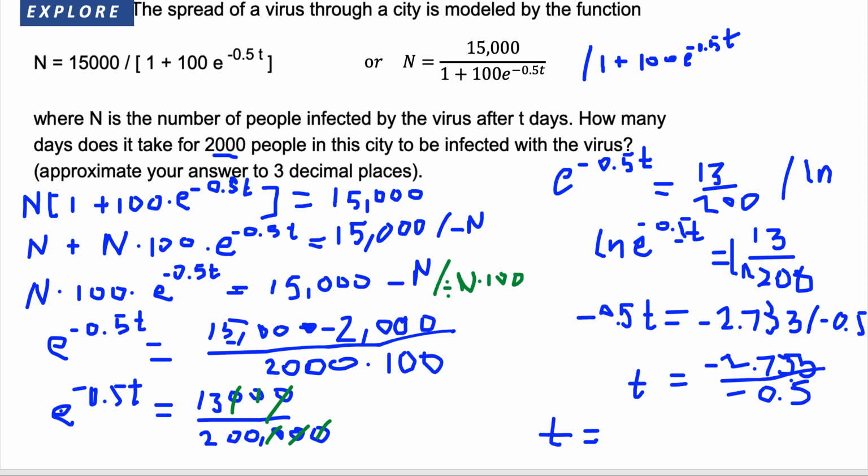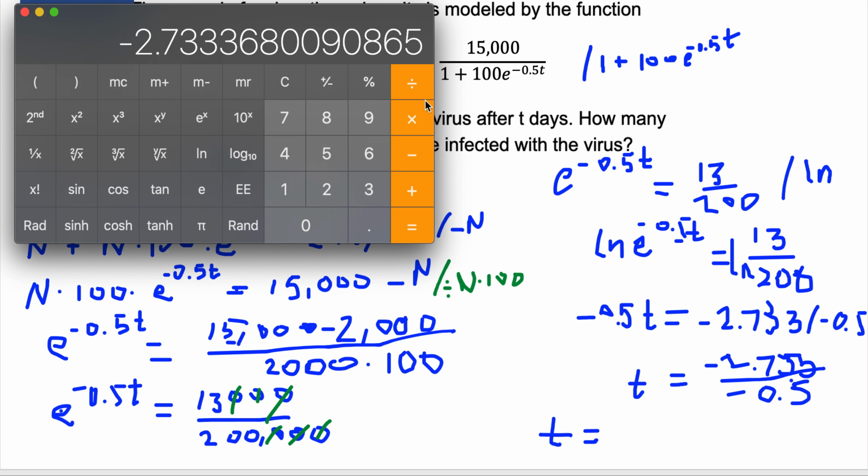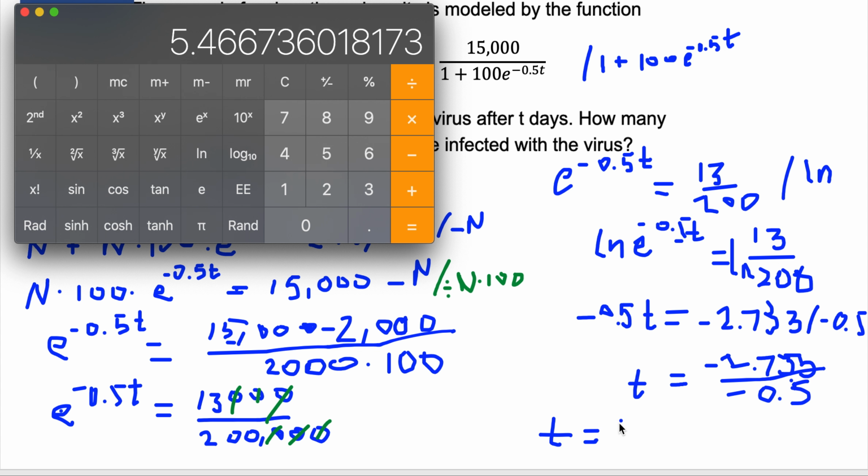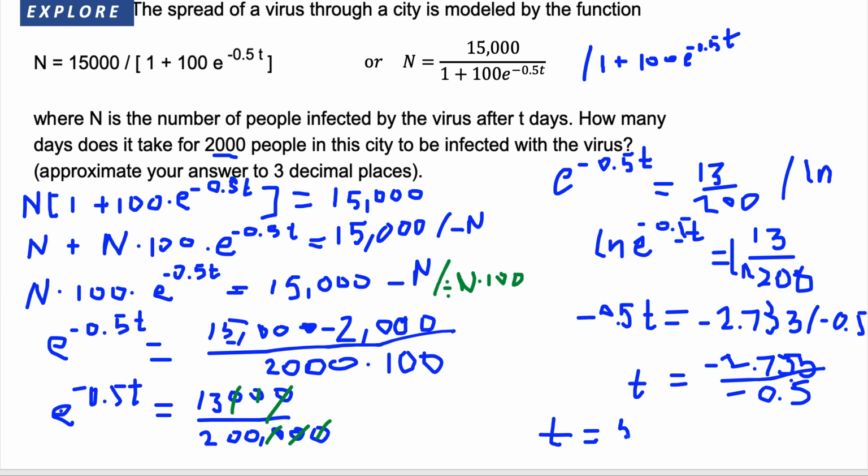We're going to calculate: we divide this by negative 0.5, which is 5.4667. Let me see this number again.